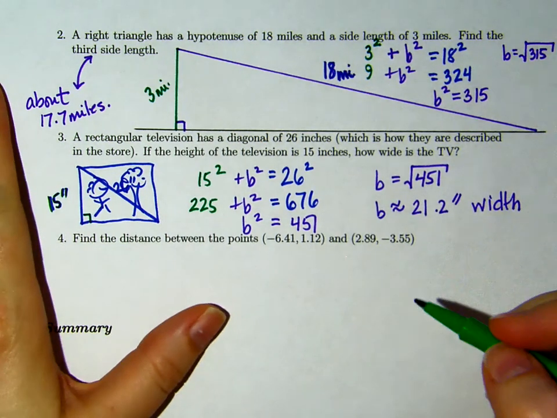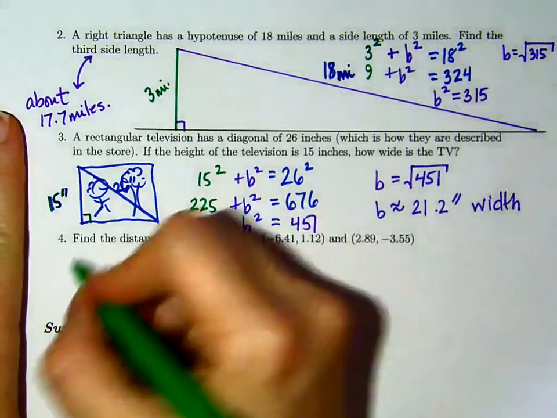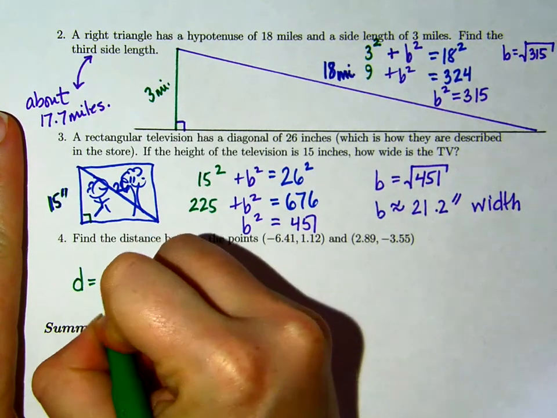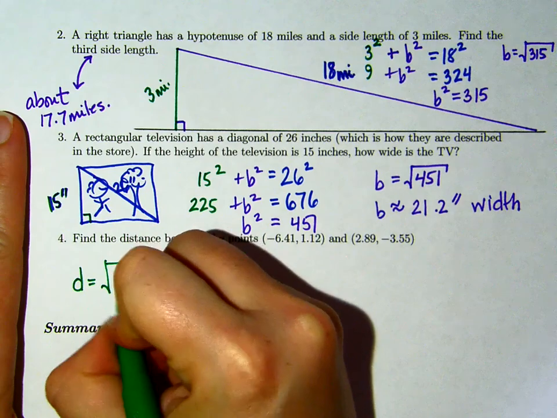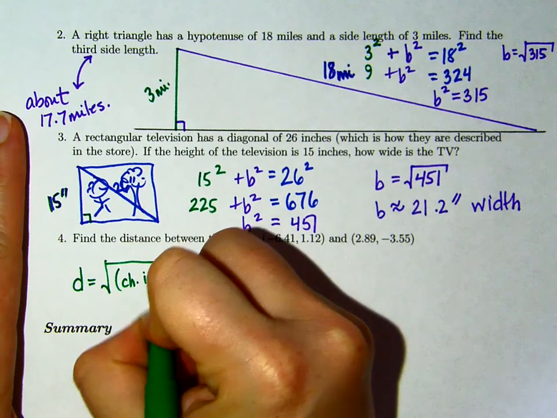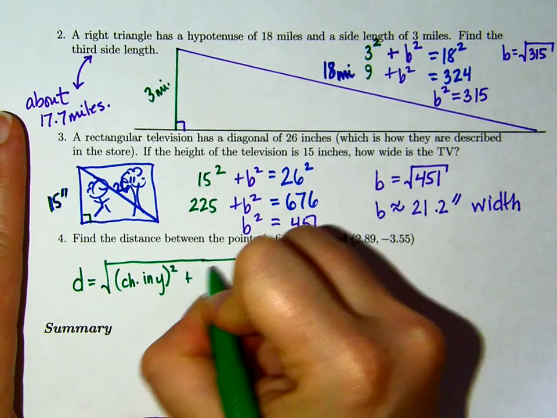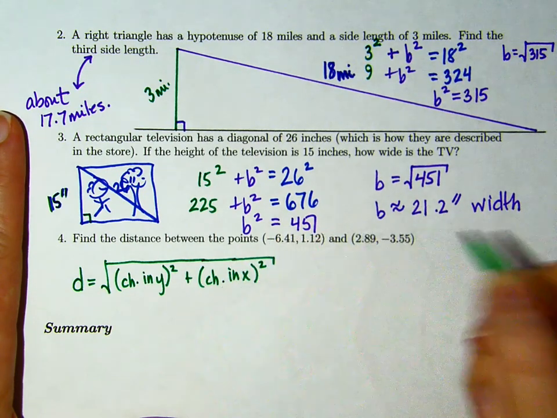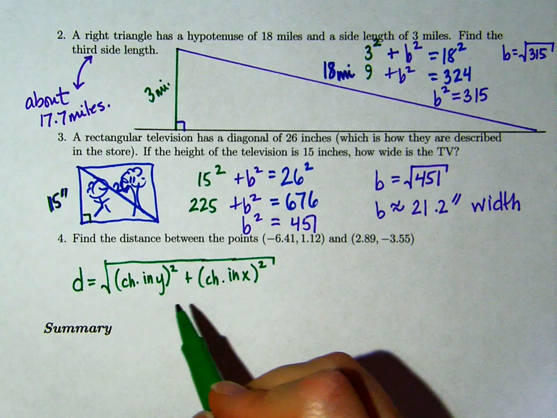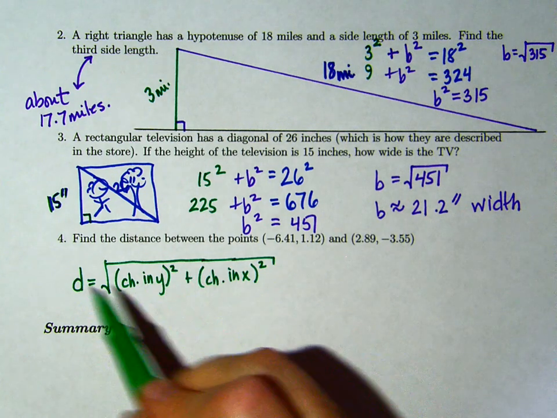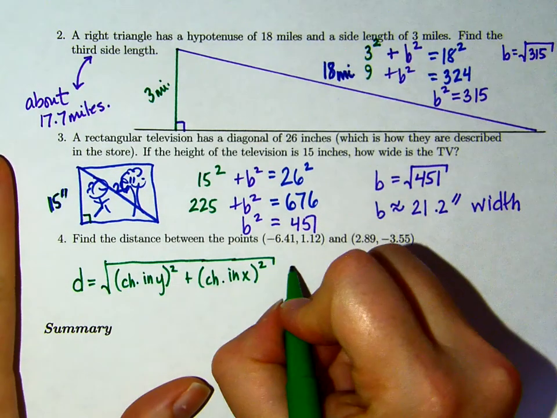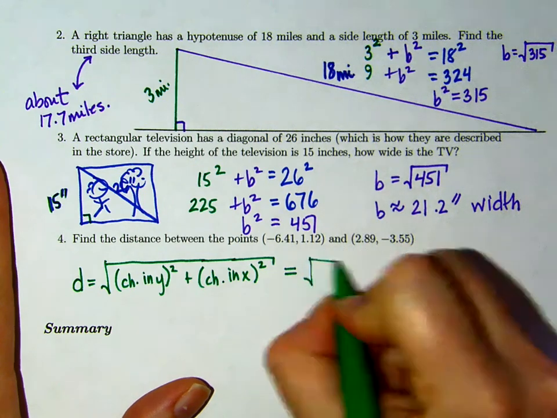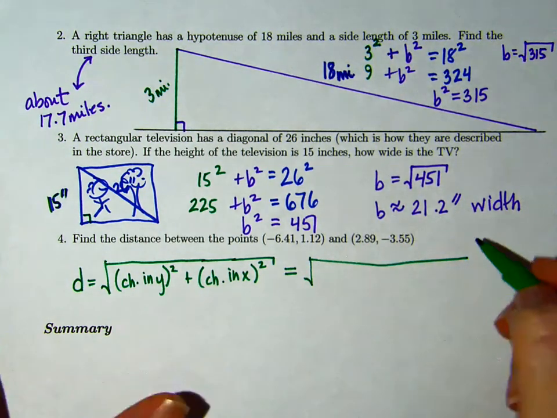Okay, the distance formula says that the distance equals the square root of change in y squared plus change in x squared. So first find the change, then square, then add, then square root. Similar to the Pythagorean, well, the Pythagorean.